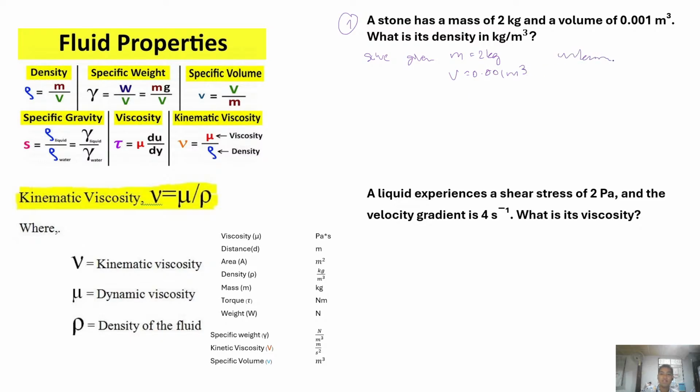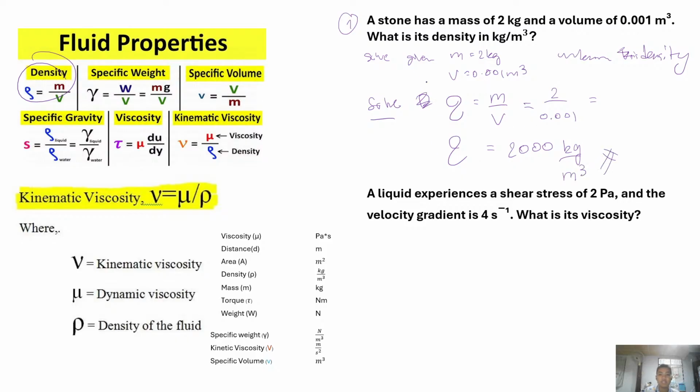What we don't know is the density. So we're going to use this formula, density, like this, and weight. Just put the values in the formula, and we will get 2000 kilograms per meter cubed for the density. That's for the first one.